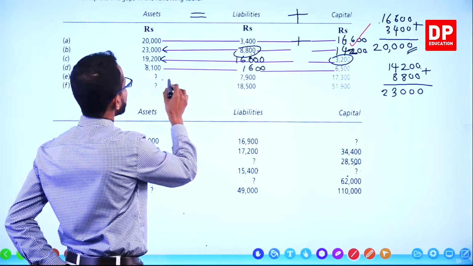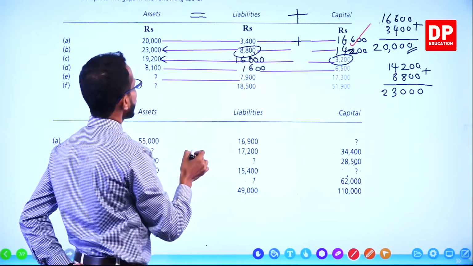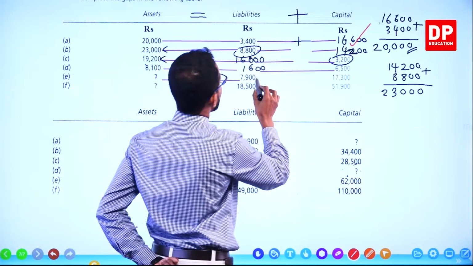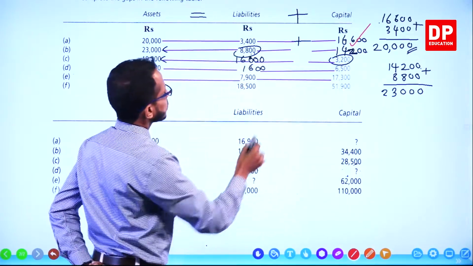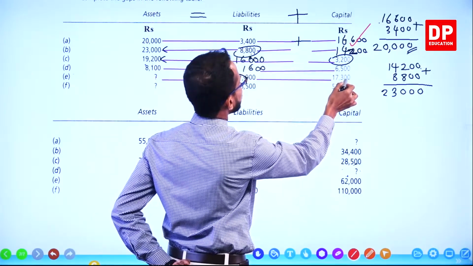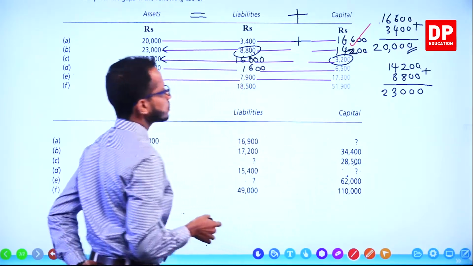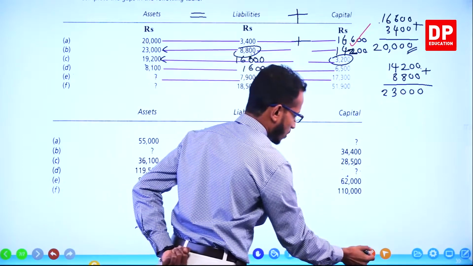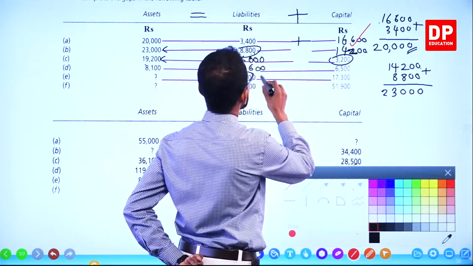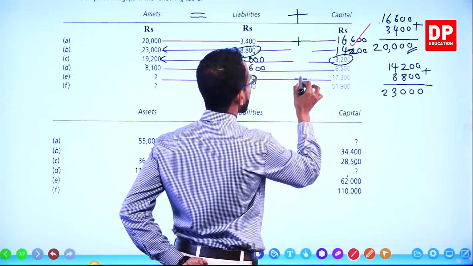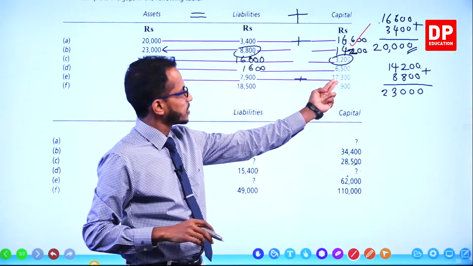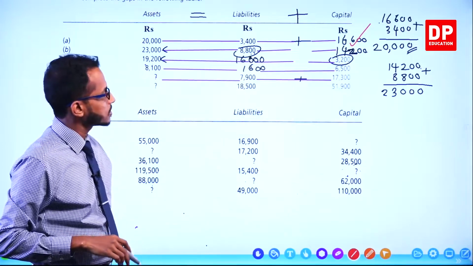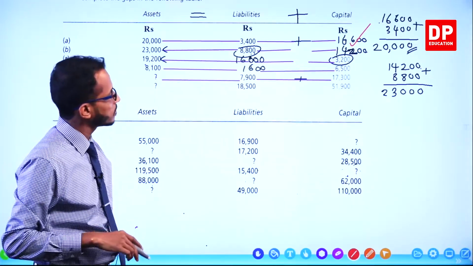We don't know the assets now. But we have 7,900 worth of liabilities and 17,300 worth of capital. Now it's easy. What we are going to do is add these two. 17,300 plus 7,900.